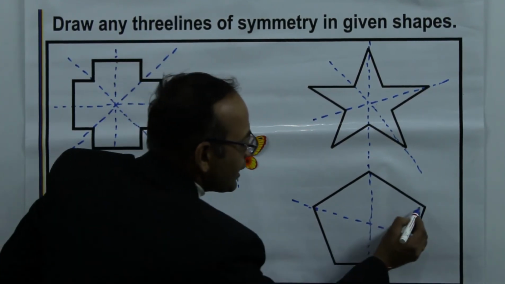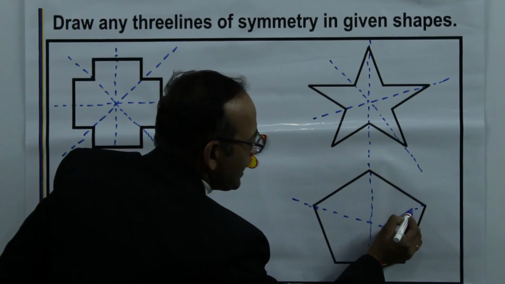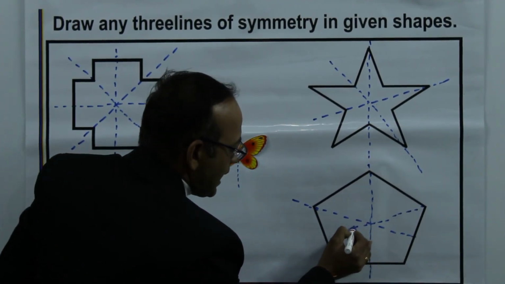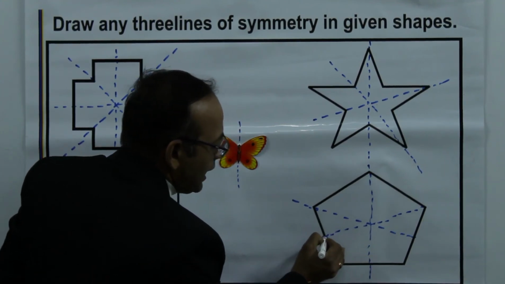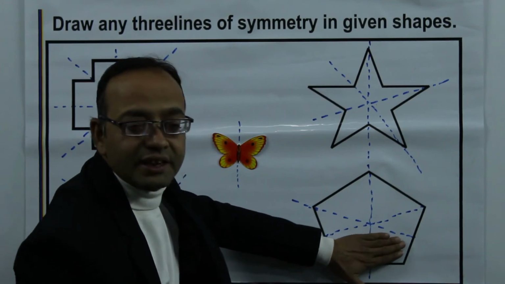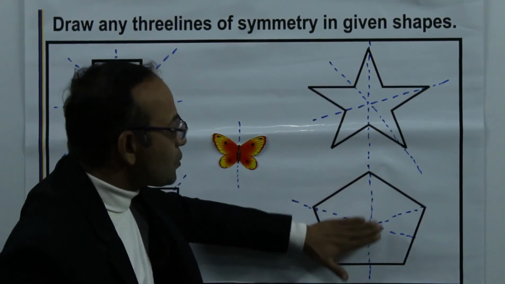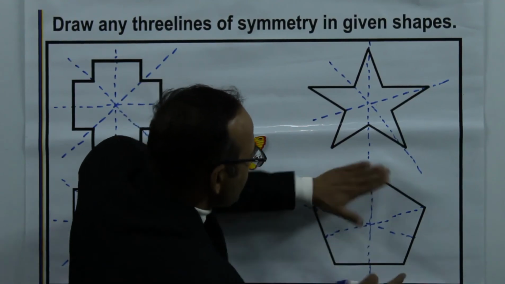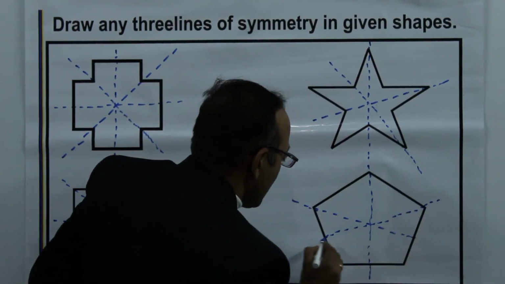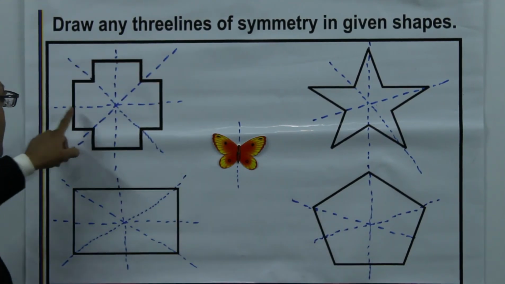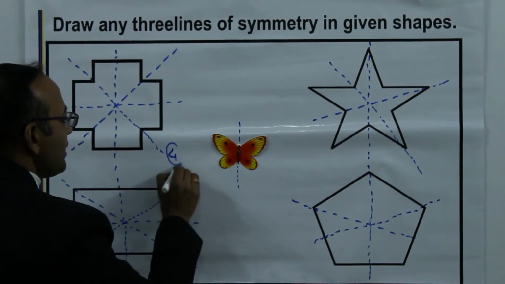Next, look at here. This line is also a line of symmetry because this line divides it into two equal parts. First part and second part. So it is also a line of symmetry. So it has 4 lines of symmetry.